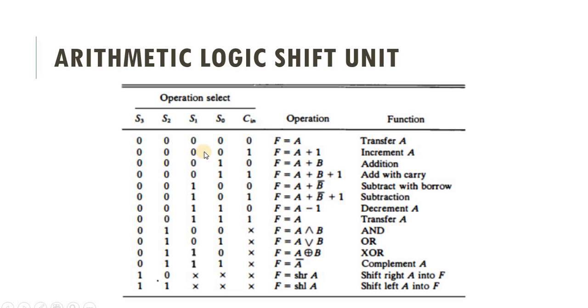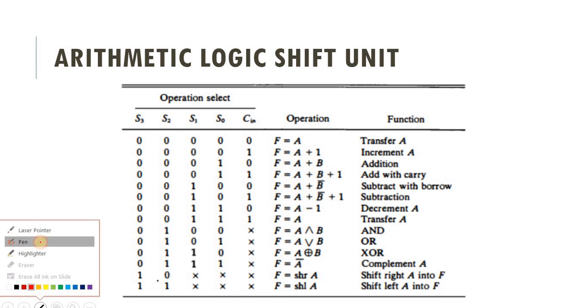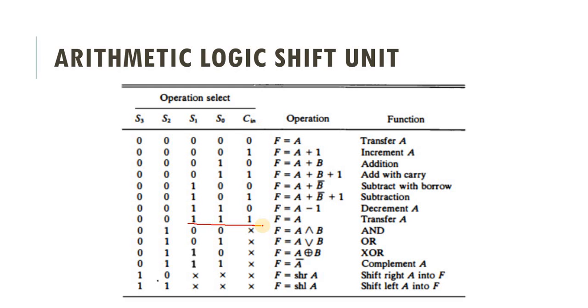When S1 and S0 are 0 and carry is 1, at that time it performs the increment operation. Similarly, when S1 is 0, S0 is 1 and carry is 1, at that time it performs the add with carry operation. So now you can see in the table that up to here all the operations are arithmetic micro operations because they require a carry.